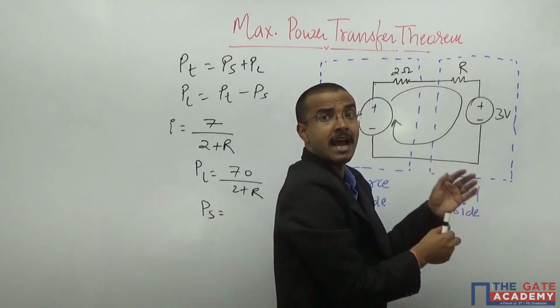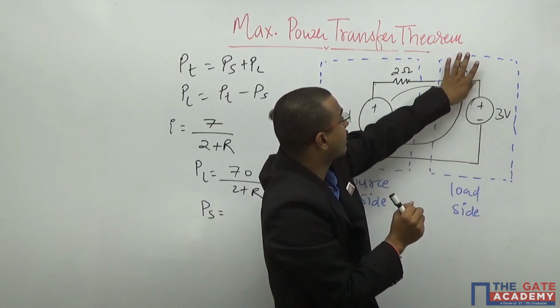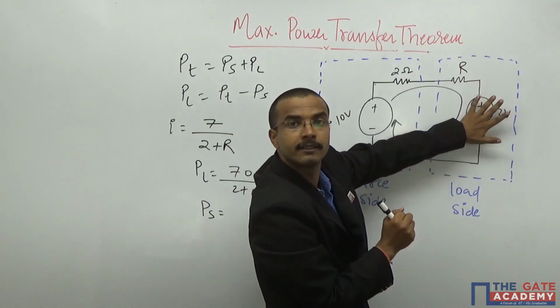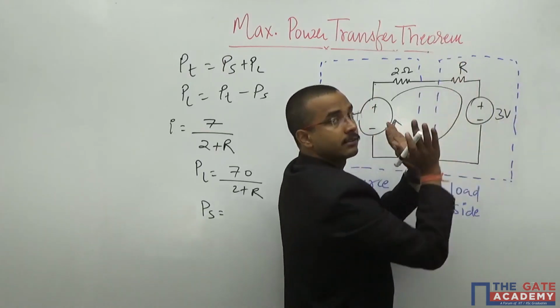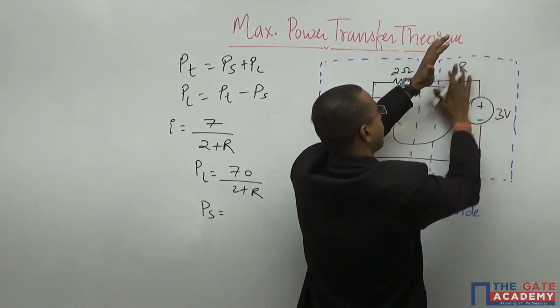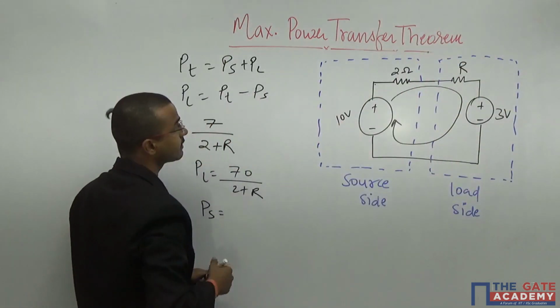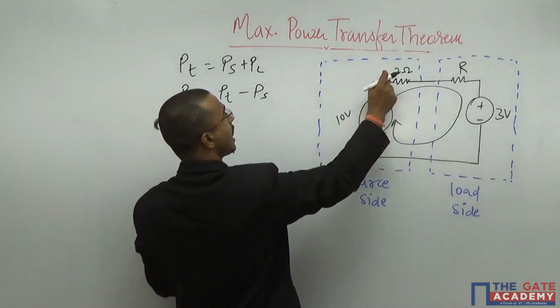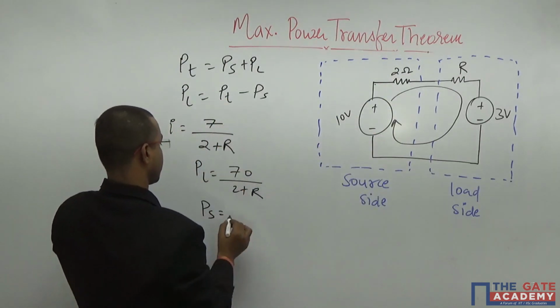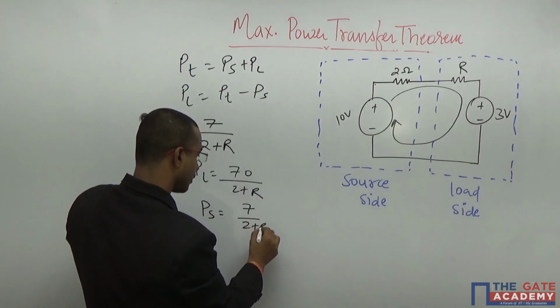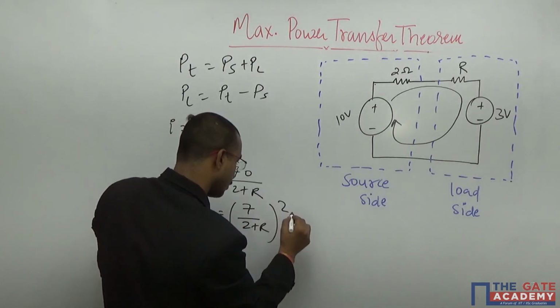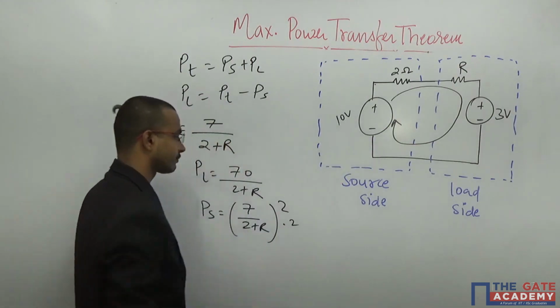That is why I am saying they are not asking for the power across this or power across this. They are asking for the power across the entire side. PS is I square into R. I is this, that is 7 by 2 plus R whole square into the value, which is 2.